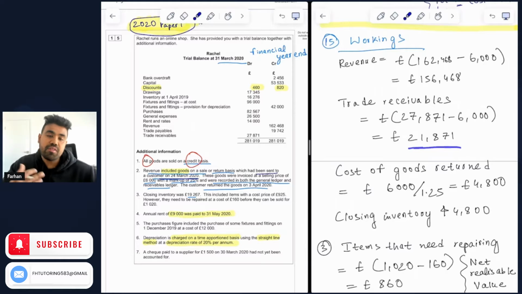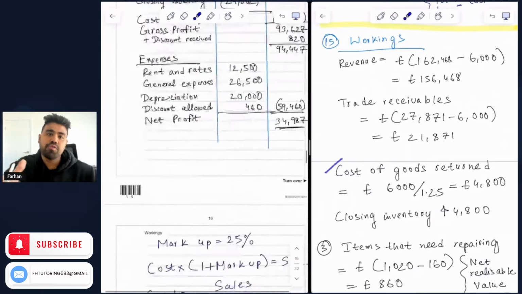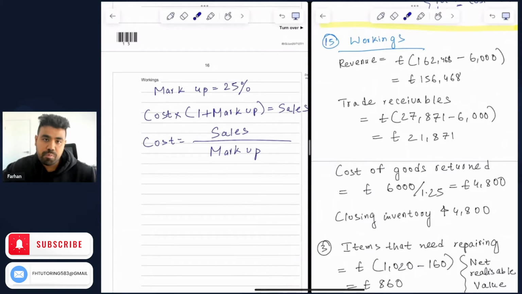At the same time, the question also had other information with regards to markup of 25% when the selling price of the goods that was returned to us was £6,000. What we want to do here is to find the cost of goods that were returned to us, the cost that Rachel paid to buy those items for the business in the first place.